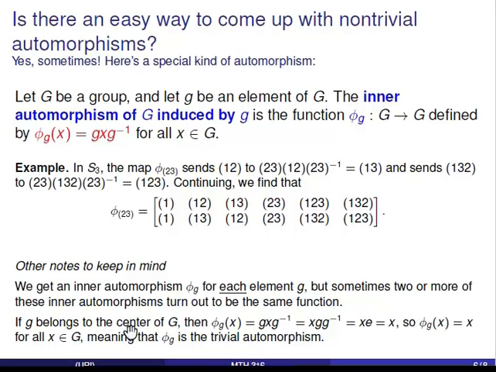You'll remember that the center of G consists of all the elements that commute with every other element in G. So if little g is any of those elements in the center, then the inner automorphism induced by little g ends up sending x just to itself because that g commutes with the x. In other words, every inner automorphism using an element of the center produces the trivial automorphism.